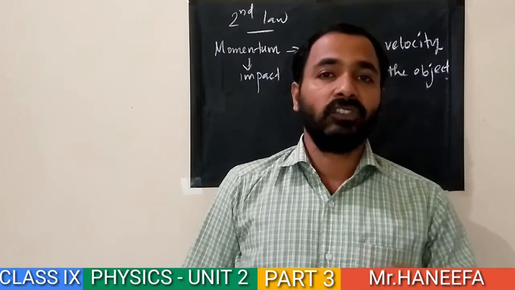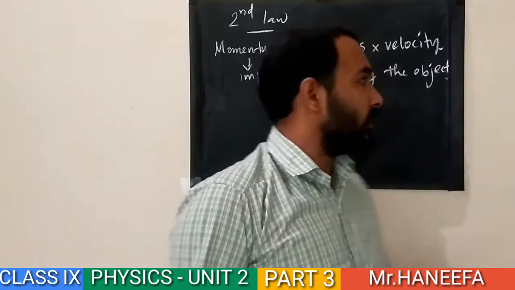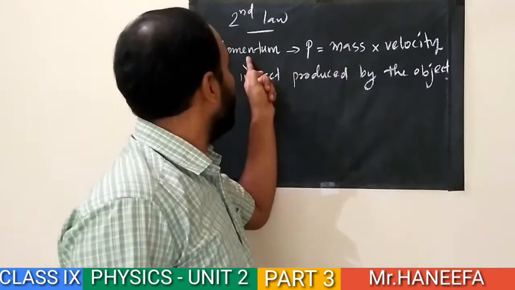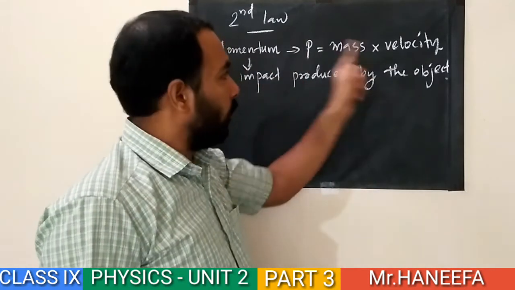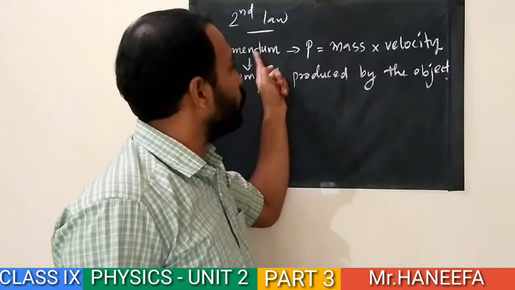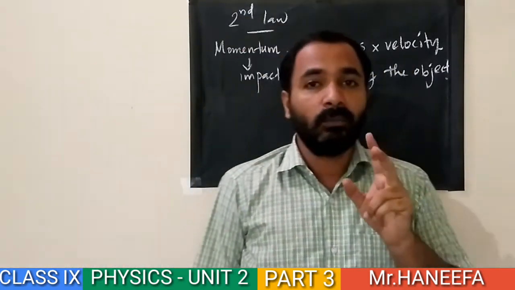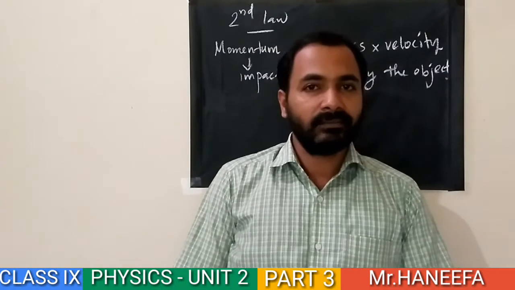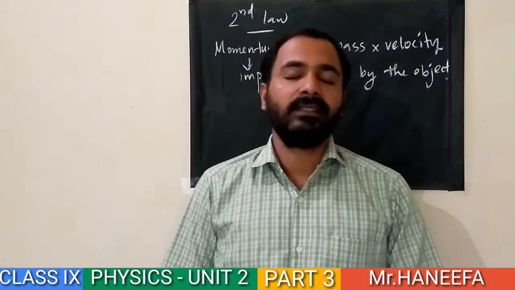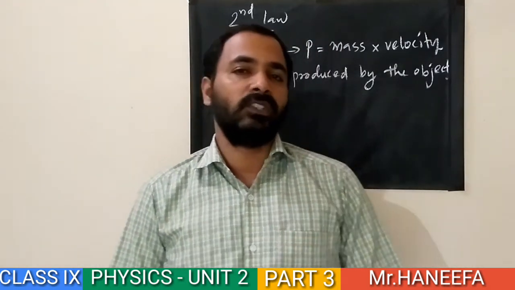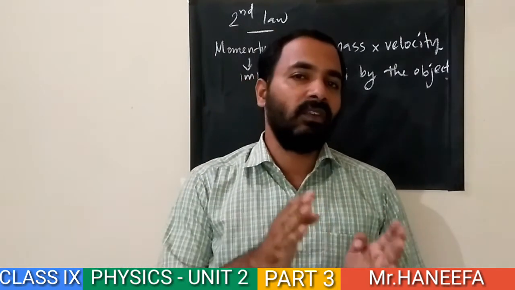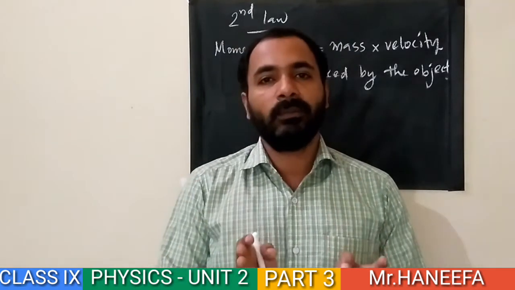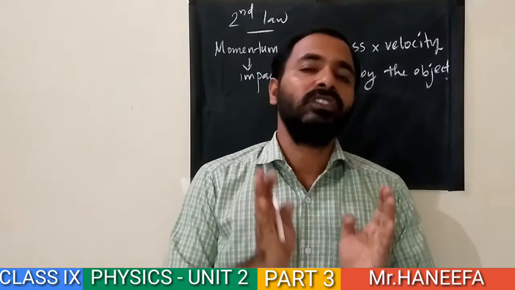If the mass of an object increases, momentum also increases. If velocity increases, momentum increases. So momentum depends on two factors. What are they? Number one, mass. Number two, velocity. When mass and velocity change, the momentum of an object also changes.